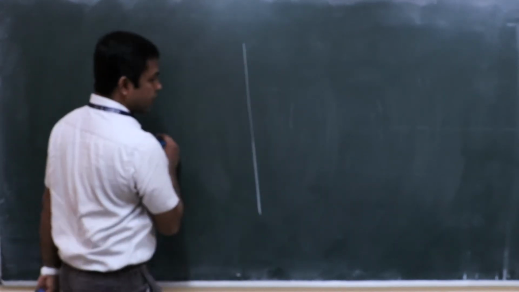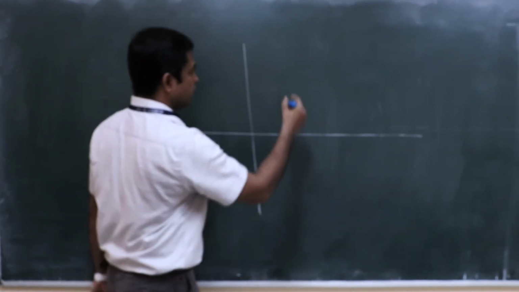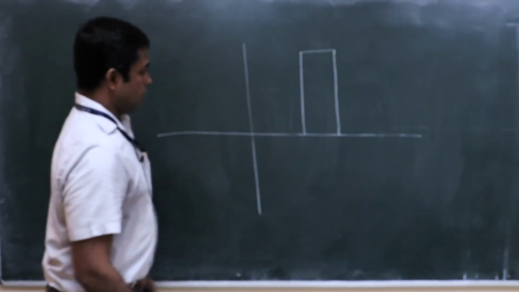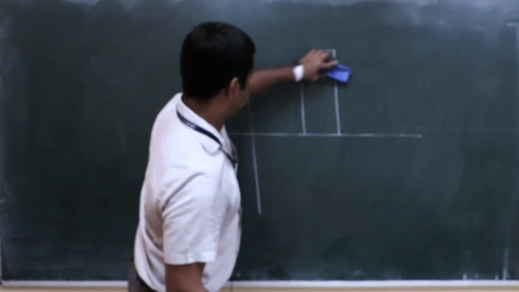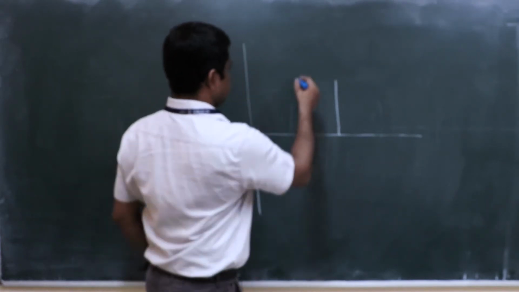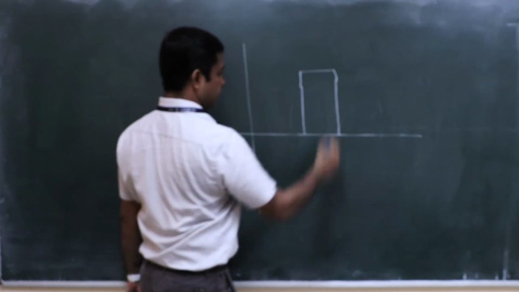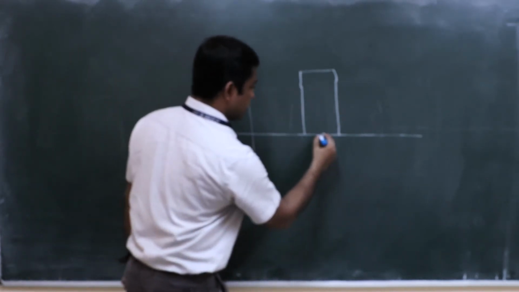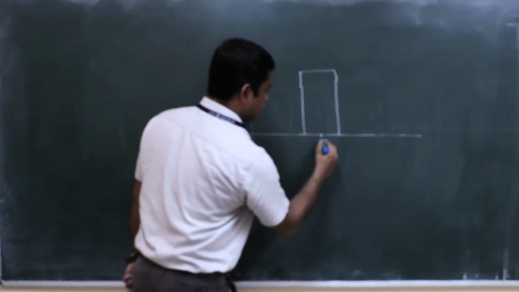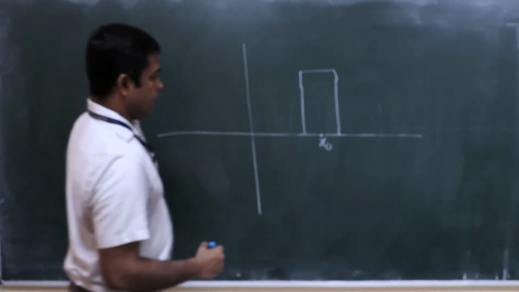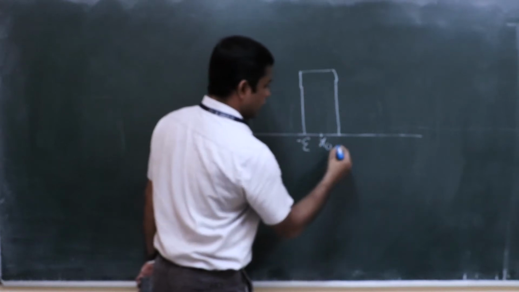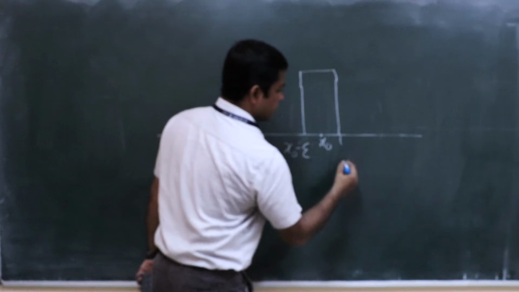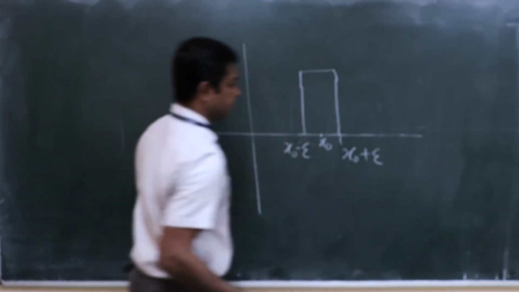So now let us look at the box function. So what is the box function? Say this function f of x. Suppose this is x0, and this is x0 minus epsilon, and this is x0 plus epsilon.